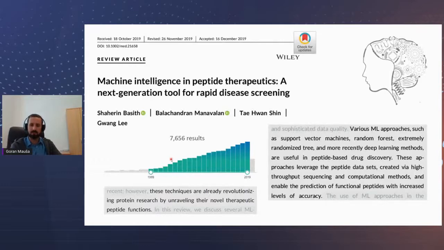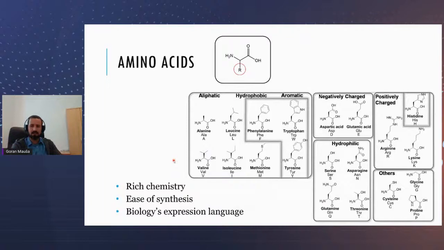But what are peptides? Let's see a brief about that. So peptides are compositions of amino acids. Amino acids are chemical compounds made of an amino group, the NH2 part, a carboxyl group, the COOH part, and a residue. Depending on the residue, we have 20 natural amino acids with different properties, which can be categorized as presented here.